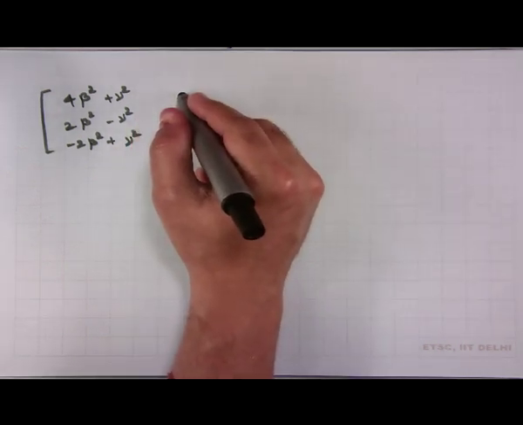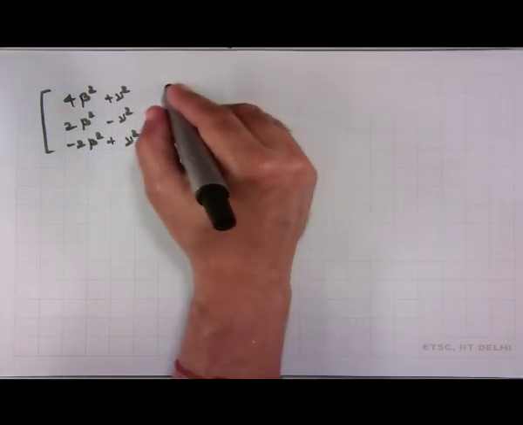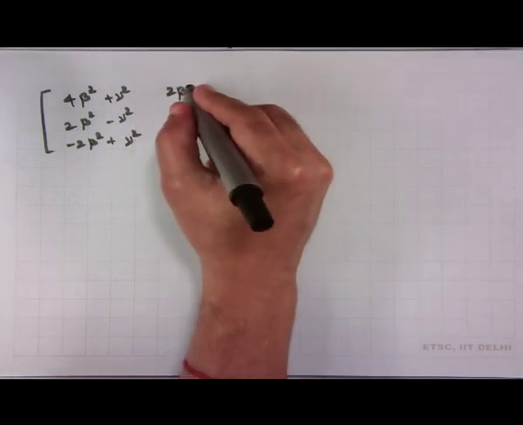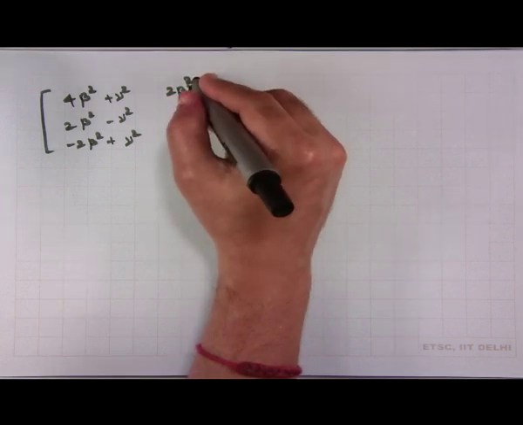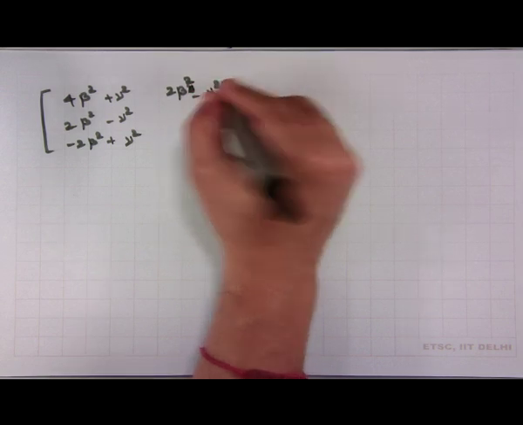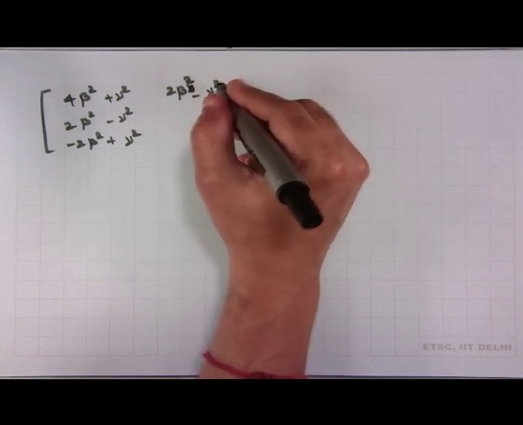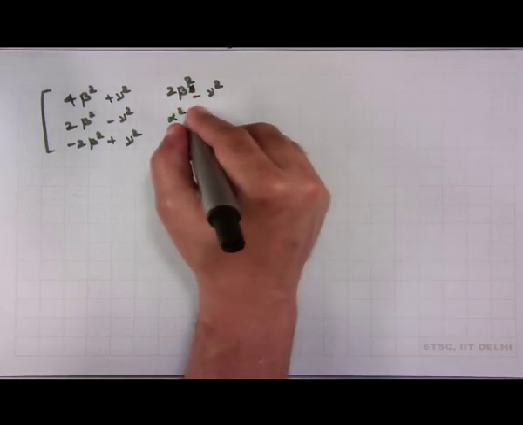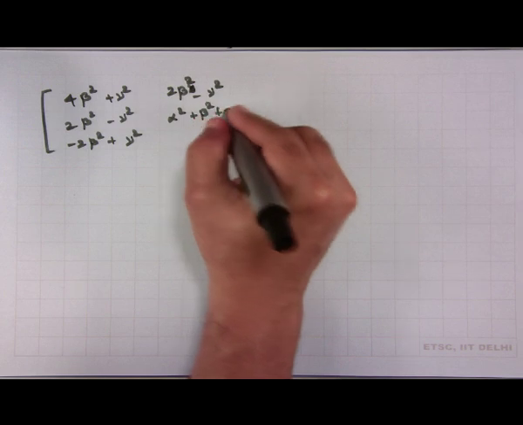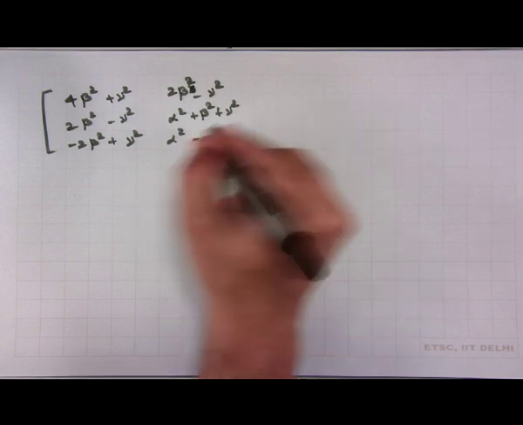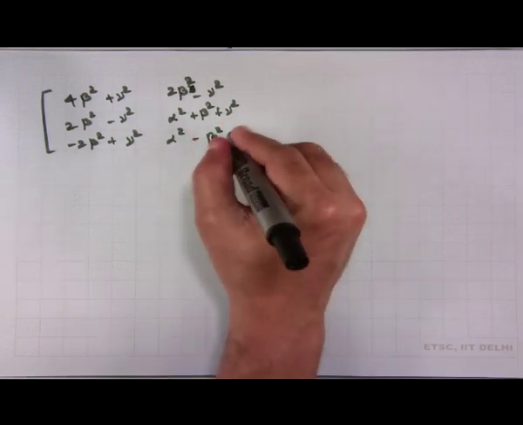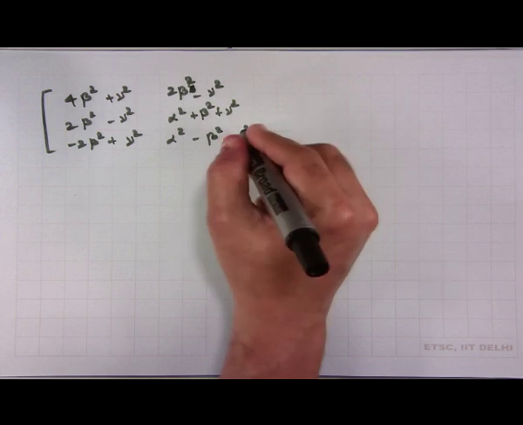Sorry, second column: 2 beta square minus gamma square, alpha square plus beta square plus gamma square, alpha square minus beta square minus gamma square.